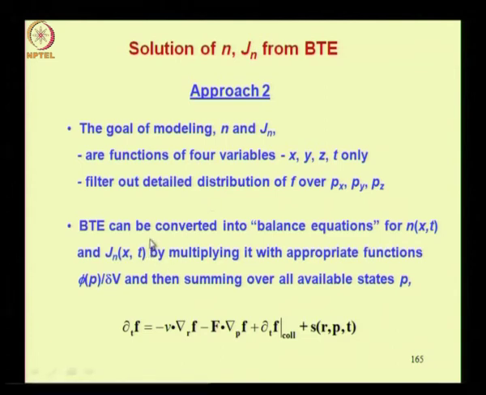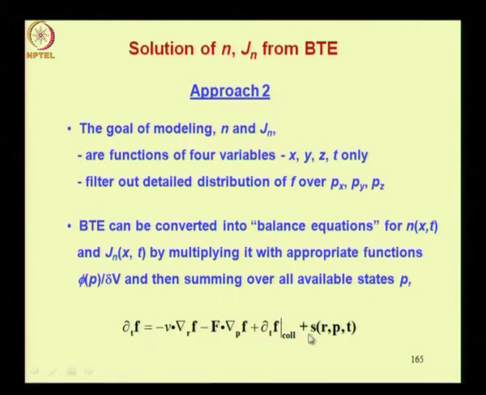The BTE can be converted into balance equations for carrier concentration n and current density Jn, both as a function of position and time, by multiplying the BTE with appropriate functions which are denoted as phi of p divided by the local volume delta V. So the functions we are considering are functions of momentum p, and then summing over all available states p.